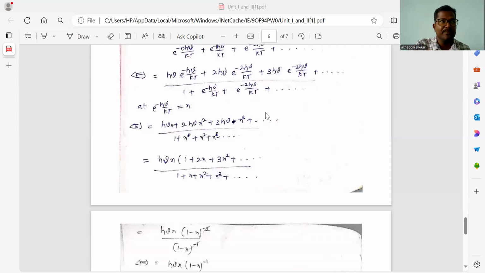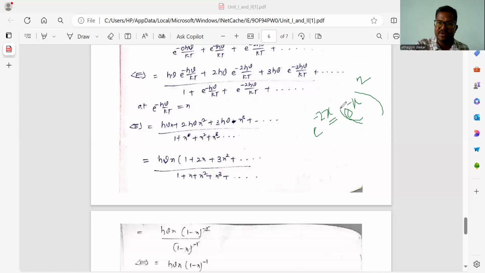Suppose e raised to minus 2 h mu by kt, I write as e raised to minus h mu by kt whole power 2.